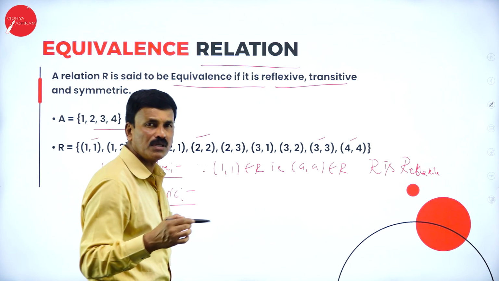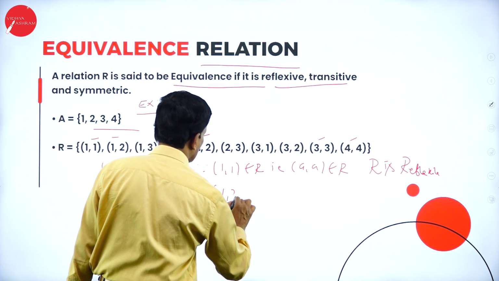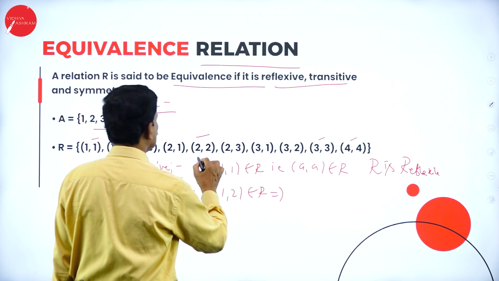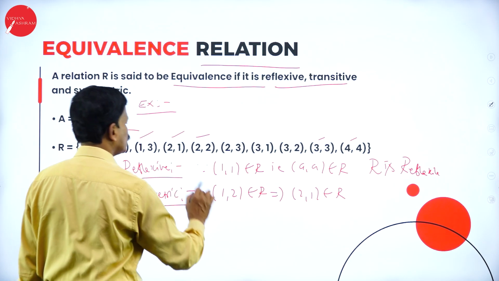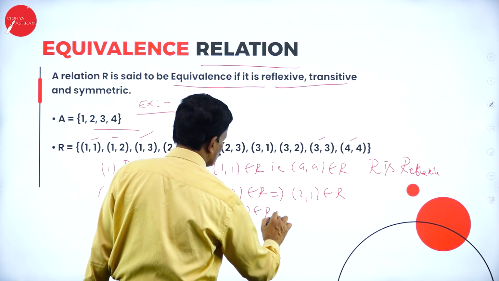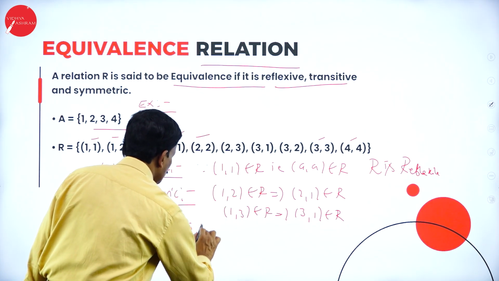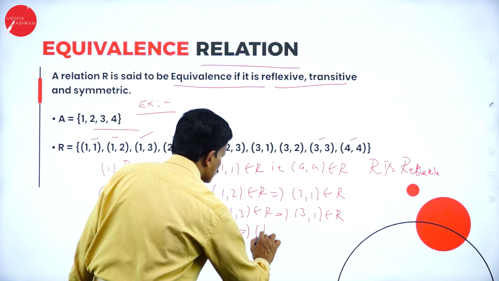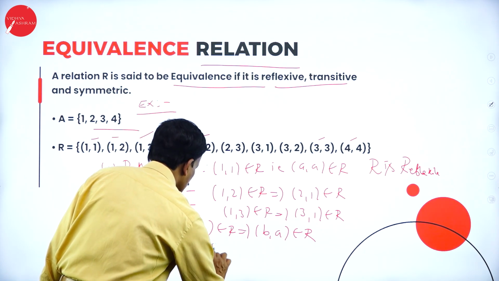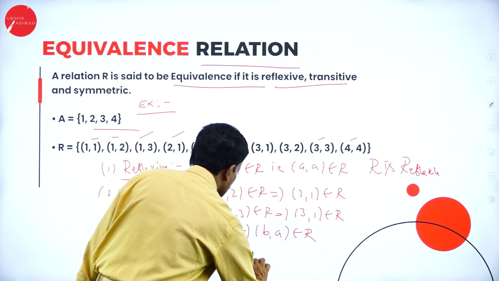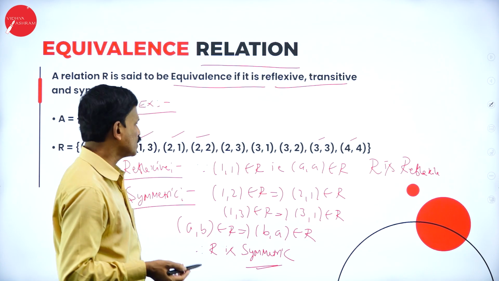For all (a,b) belongs to R, (b,a) also belongs to R. See here, (1,2) belongs to R implies (2,1) also belongs to R. Further, if you take (1,3), (1,3) belongs to R implies (3,1) also belongs to R. That is, (a,b) belongs to R implies (b,a) also belongs to R. Therefore, R is a symmetric relation. Symmetric property is satisfied.